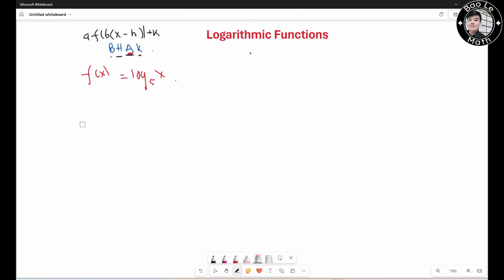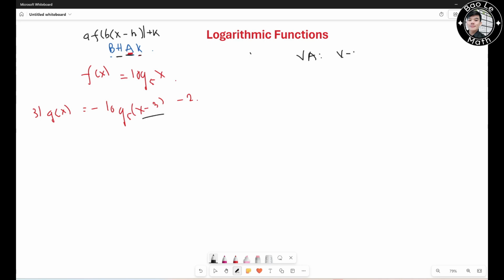Now let's move on to the last example. So for example, I have the function g of s is negative log base 5 of s minus 3 minus 2, right? So the first thing I need to do is to find the vertical asymptote. So vertical asymptote, I let this one equal to 0.